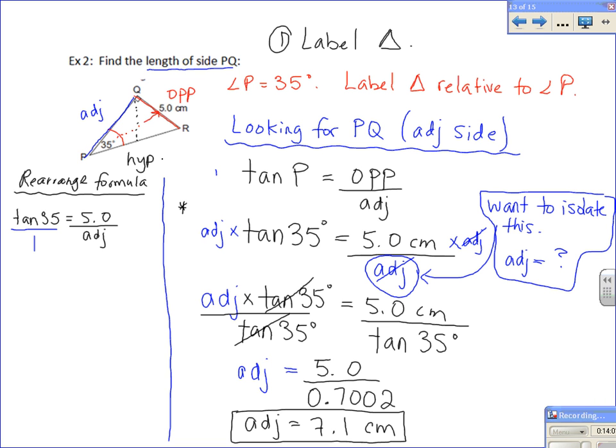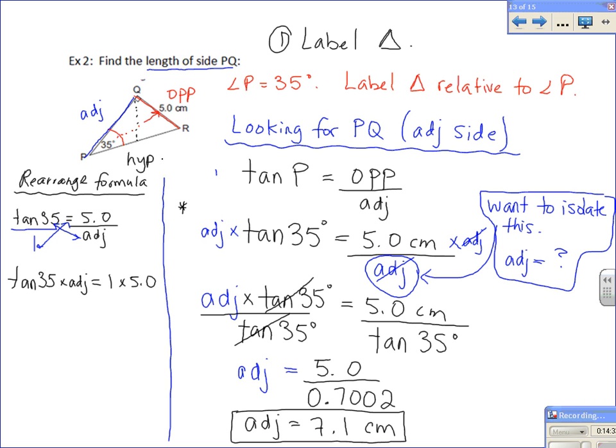So you're going to multiply the tan of 35 times the adjacent, is equal to, and you're going to do the same thing on the bottom. You're just going to multiply 1 by 5.